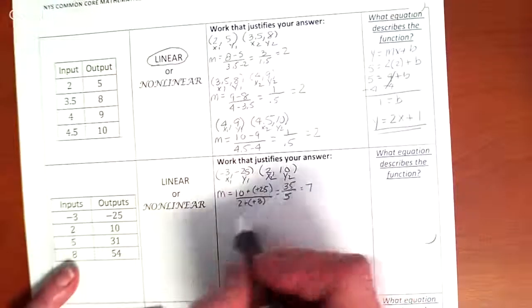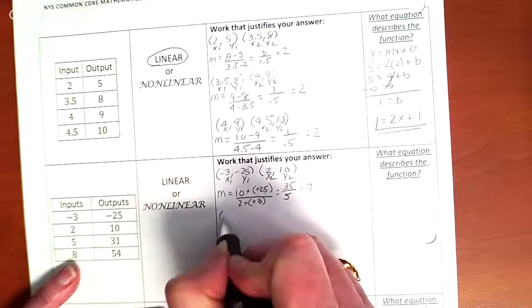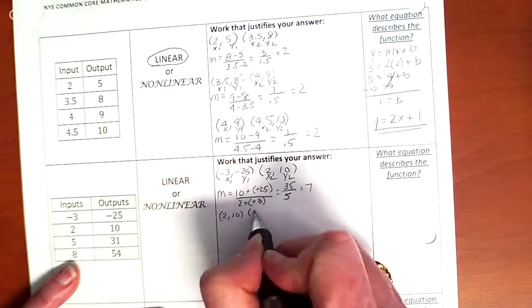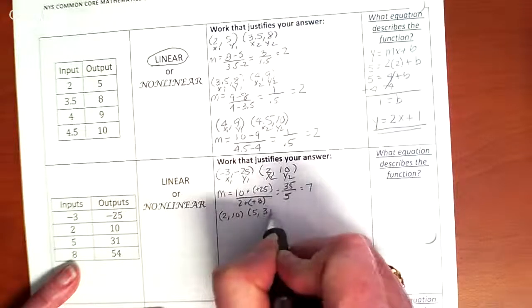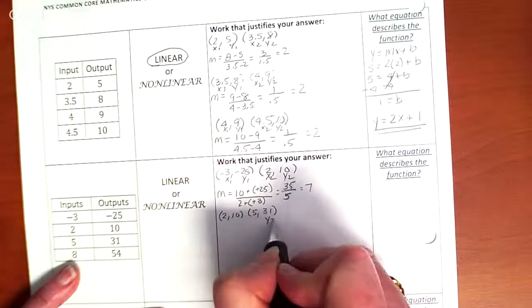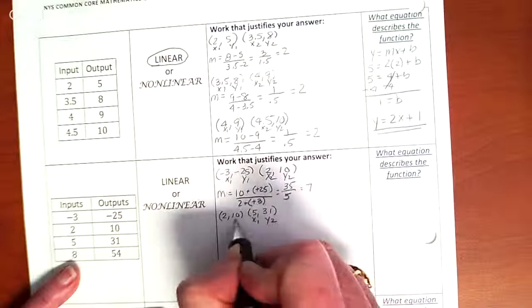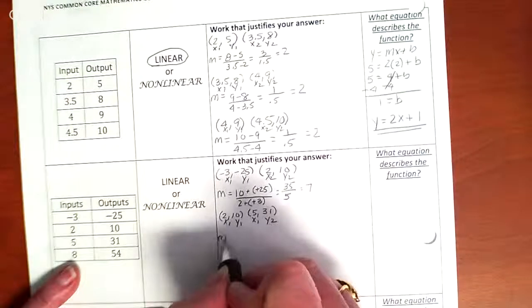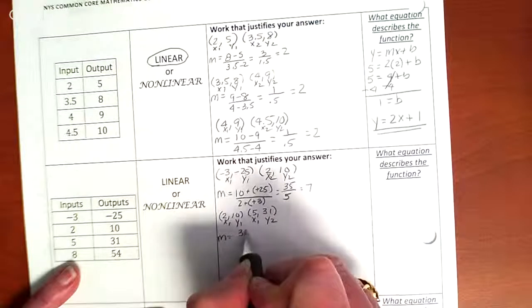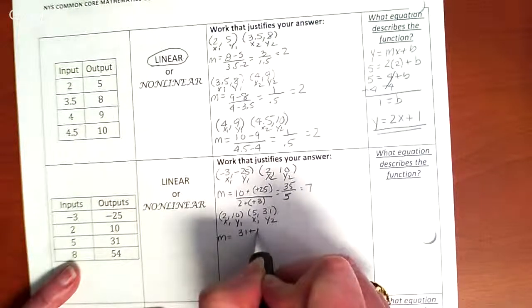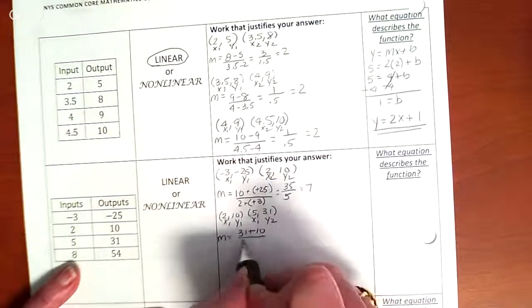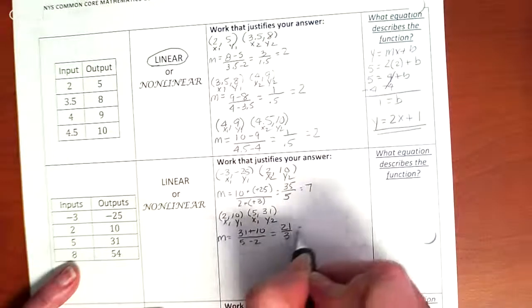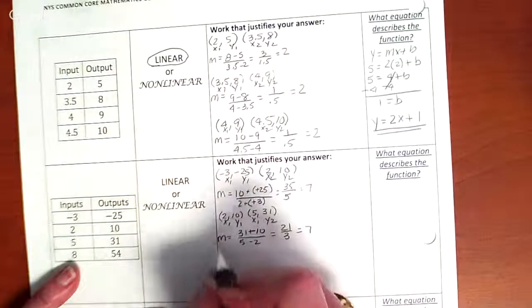Our next one we have (2, 10) and (5, 31). So let's check that one out. Okay.